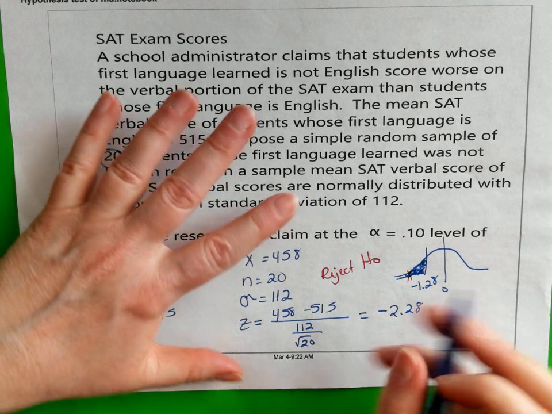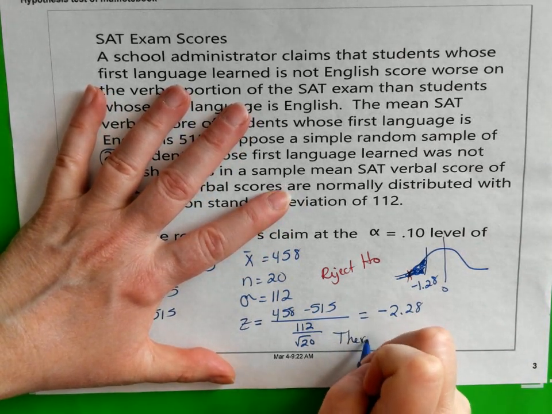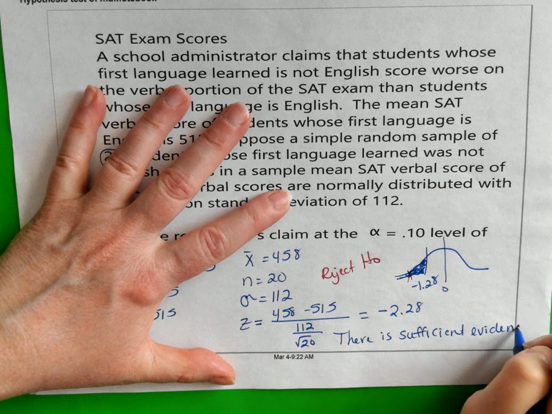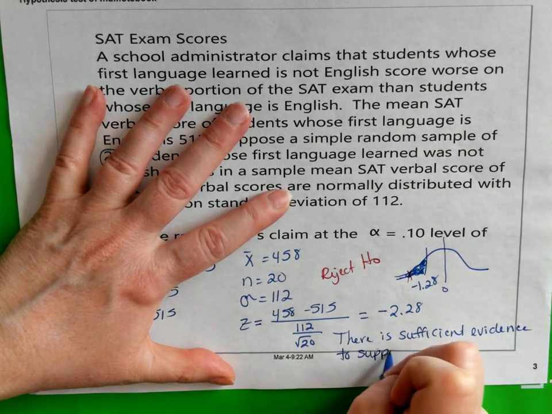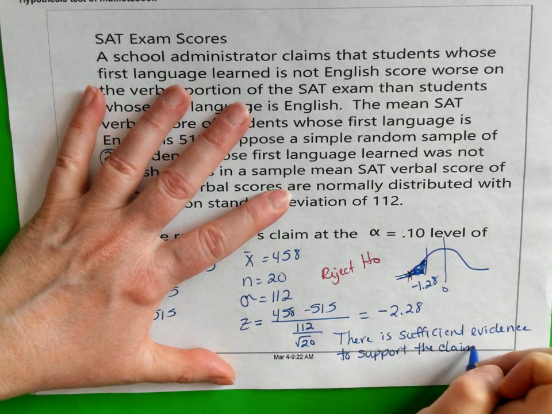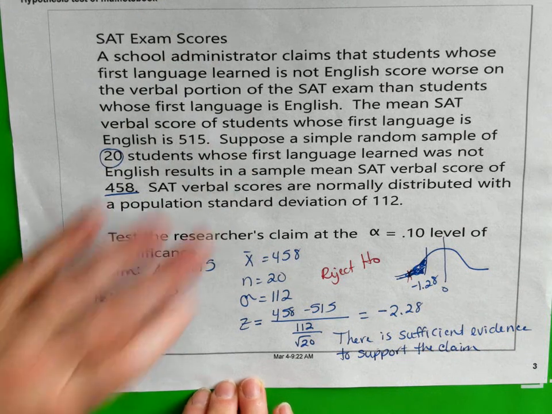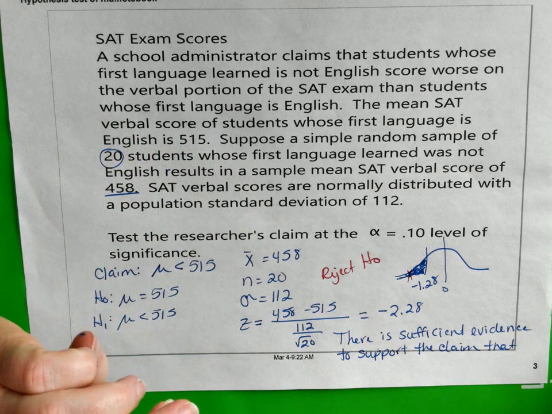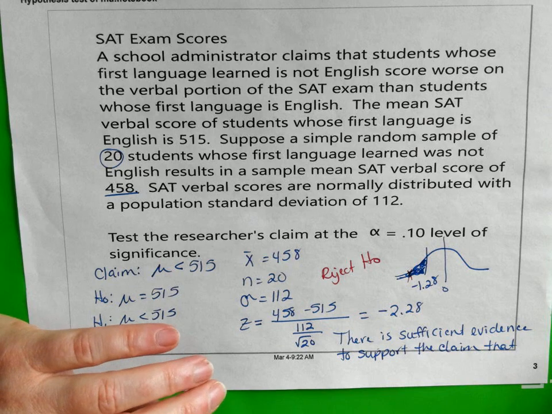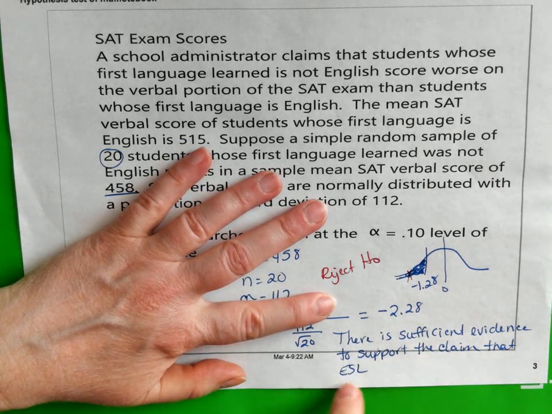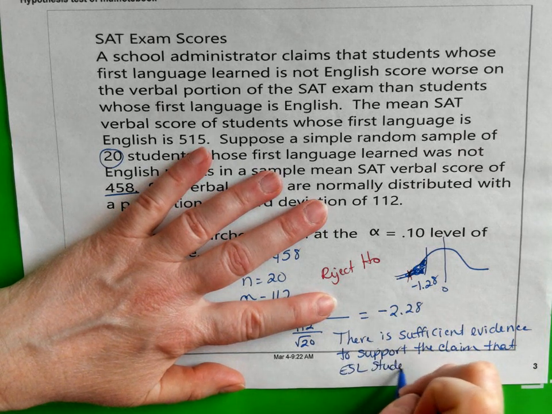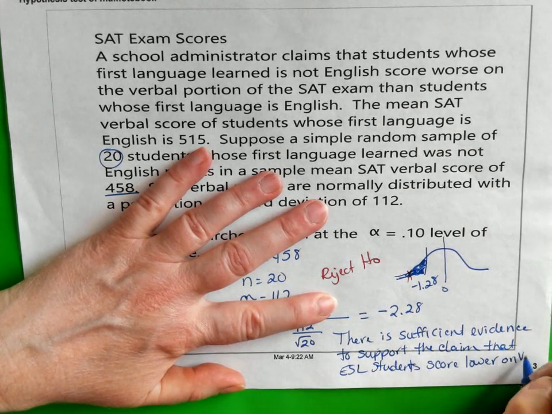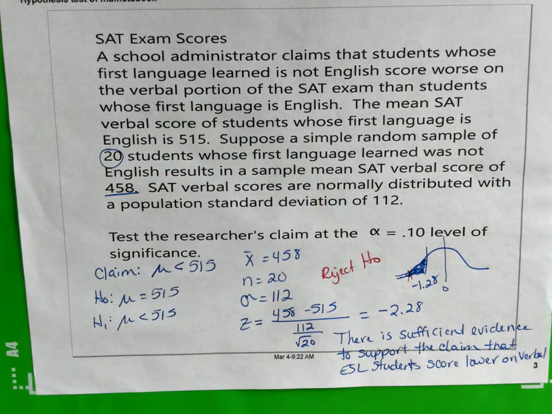And that means that there is sufficient evidence to support the claim that, let's see, a little creative licensing here, that ESL students, English as a second language students, score lower on verbal. Okay, a little creative license there, but that's what it is.